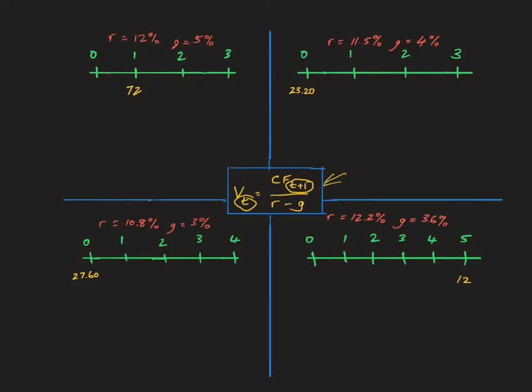In the simplest example, top left-hand side, we have a valuation requirement at T0 for a perpetually growing series of cash flows, which begins at T1 with a value of 72, and that will then grow forever at 5% per period.